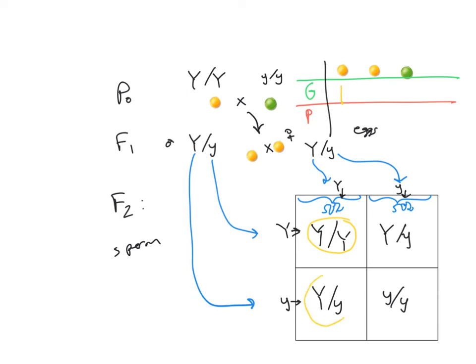And then there are two heterozygous genotypes which also produce yellow peas. And then there is the third genotype, homozygous little y, which produces green peas. And this defines the 1 to 2 to 1 genotype ratio. There are three different genotypes: homozygous capital Y, heterozygous, and homozygous lowercase y. And those are present in 25% of the offspring from a cross, 50% of offspring from a cross, and the other 25% of offspring from a cross.